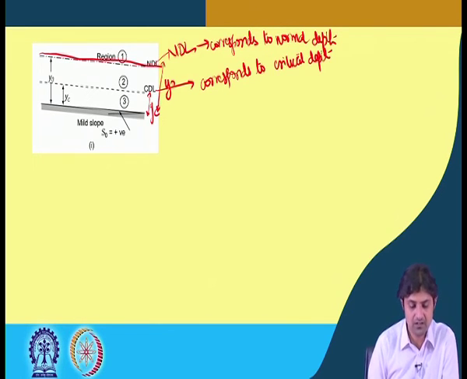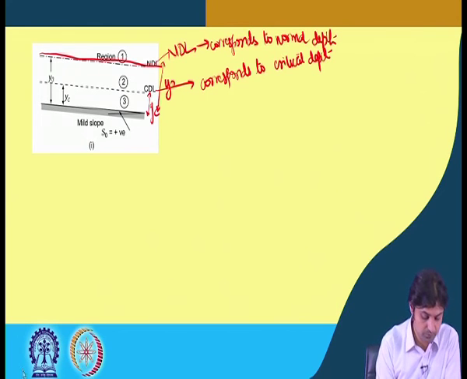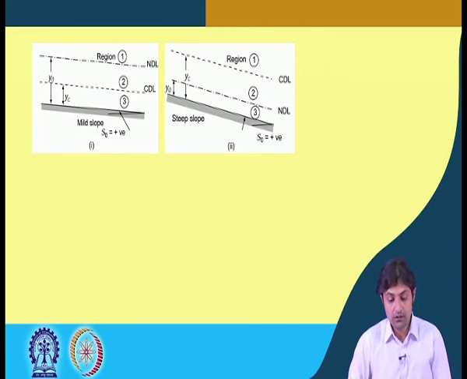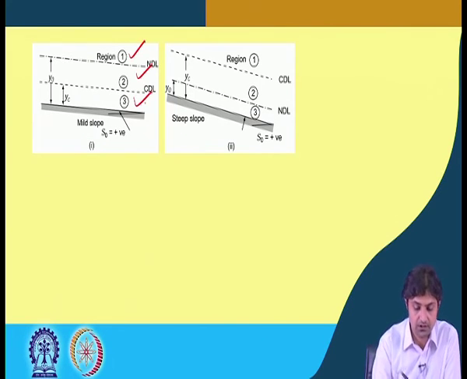All right. So, this represents a mild slope. As you see, this is region 1, this is region 2 and this is region 3.